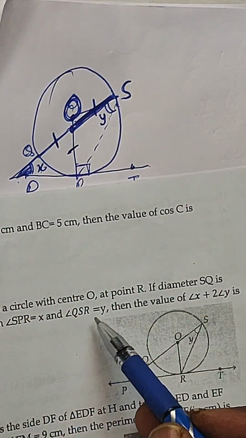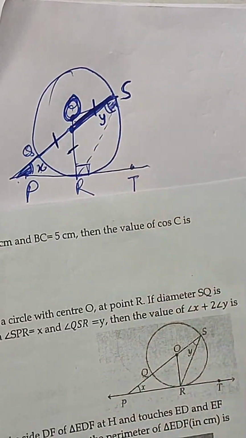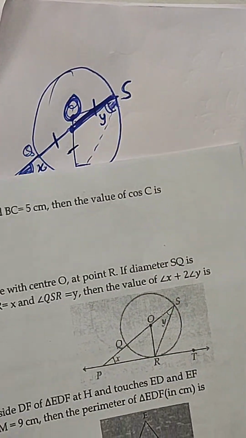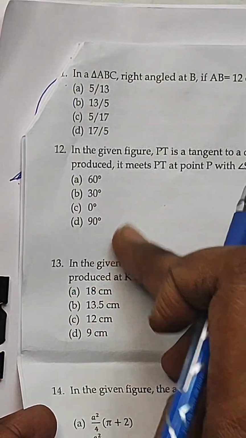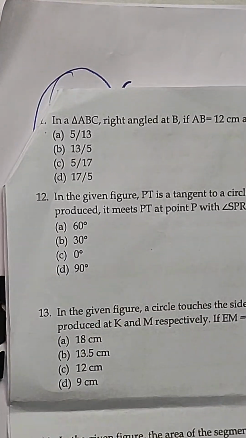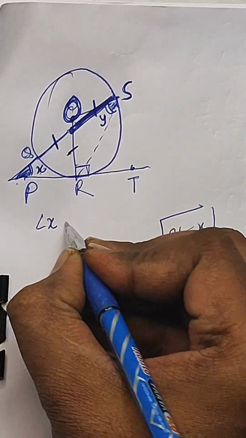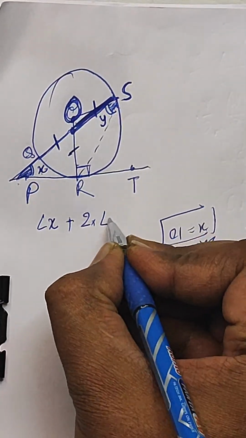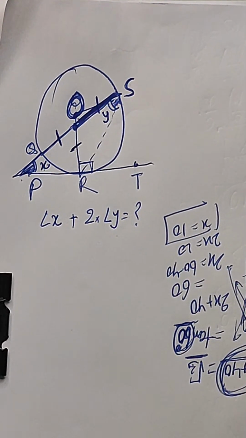And QSR is Y. This angle is given to you as Y, right? Now from this, find the value of X plus 2 times angle Y. These are the options to you, right? Angle X plus 2 times angle Y is equal to how much? This is the question to you.